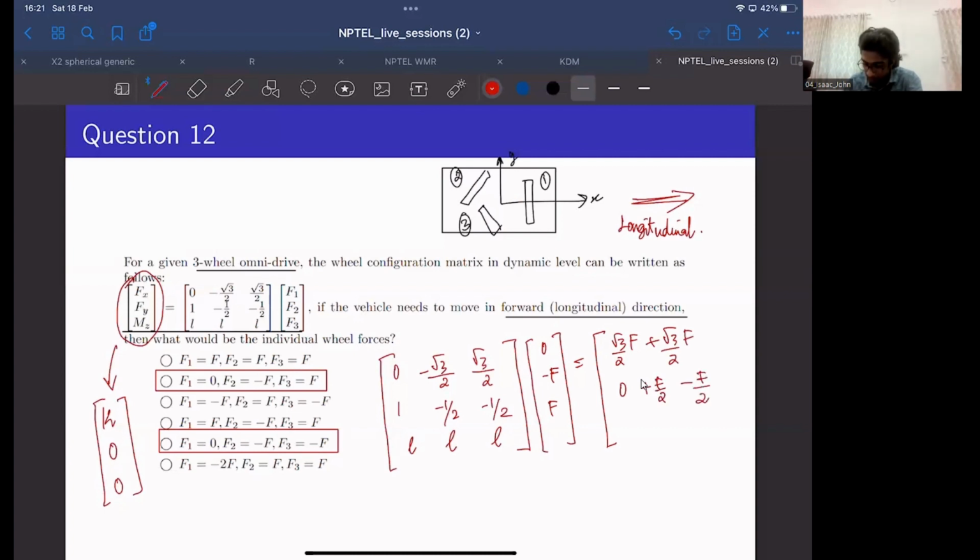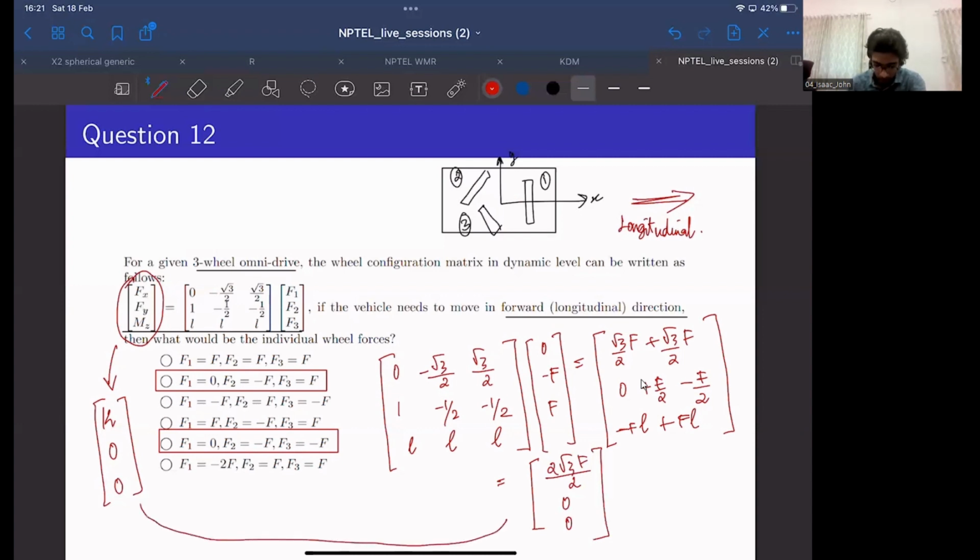And the third row would be minus fl plus fl. So on simplifying, this would be 2 root 3 f by 2. Second row would be 0, third row would be 0. And again, this is exactly how we want our force vector to be: a positive constant along the first component and zeros along the other two components. Right?